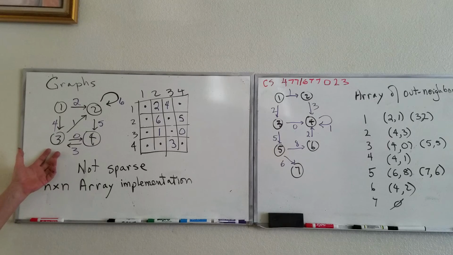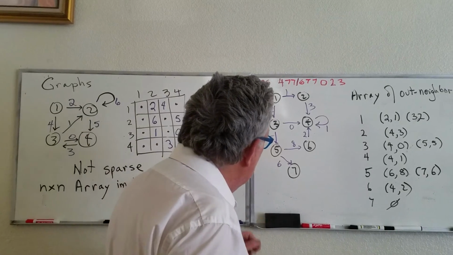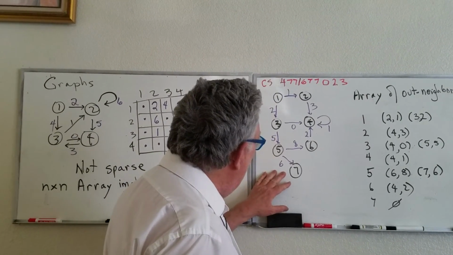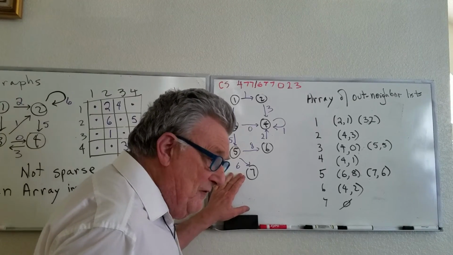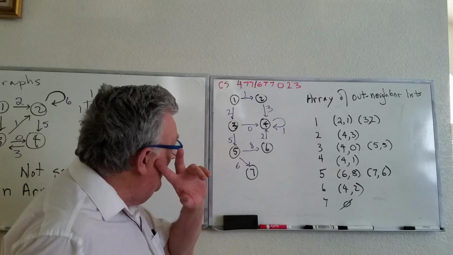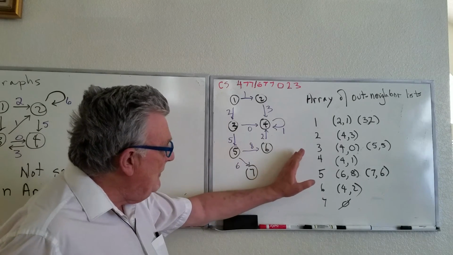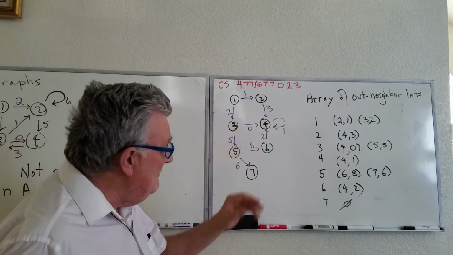You can see it has almost half of n squared non-zero entries. All right, now let's go over here to a sparser graph. This one has 7 vertices and way less than 49 edges, so it's sparse. And I claim the best way to represent this is with an array of out-neighbor lists. Again, this is directed.